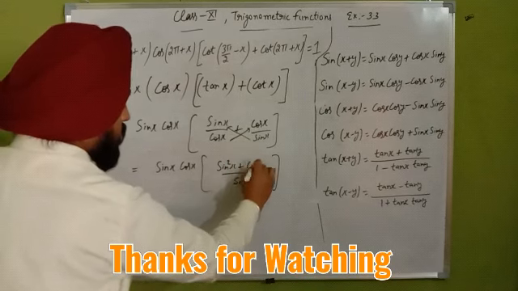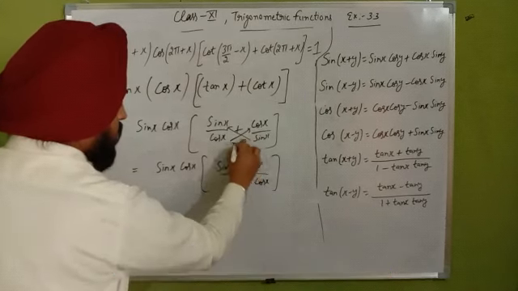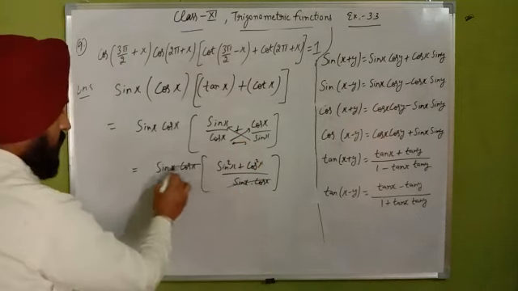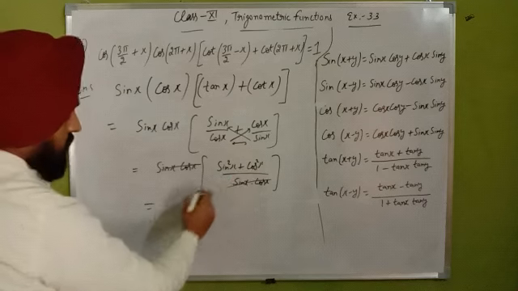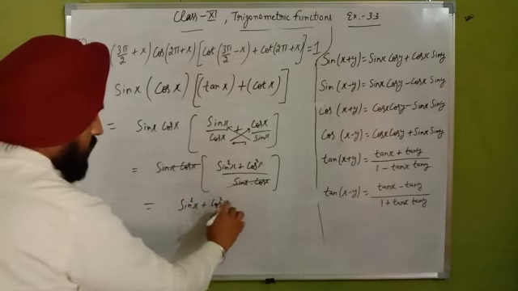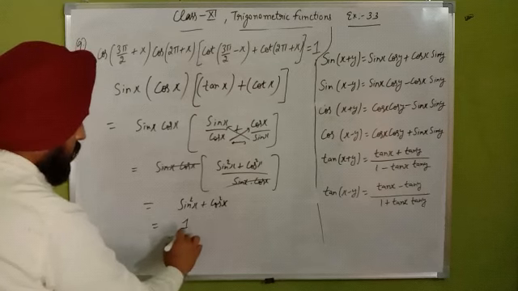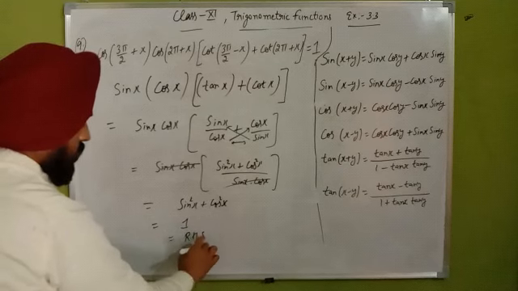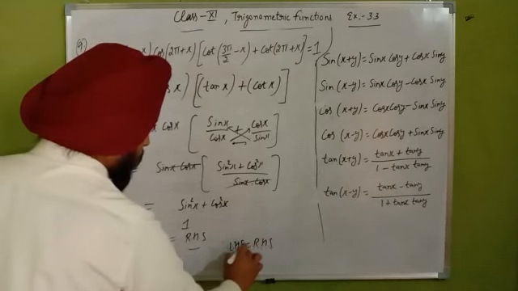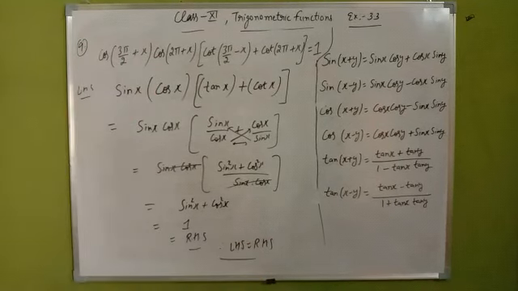Multiply cos with cos, cos square x. Sin into sin into cos, that means sin x into cos x. Now this will be cancelled with that one. And what is the value of sin square plus cos square? Sin square x plus cos square x, as we know, is always equal to 1, so the left hand side is equal to the right hand side. That's all. Clear? Very simple question number 9.